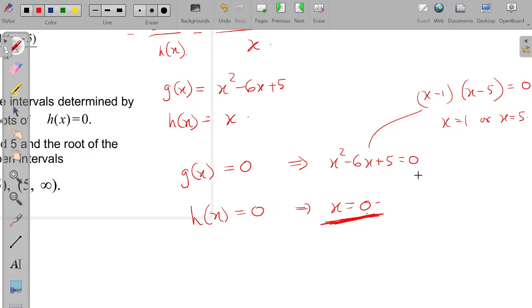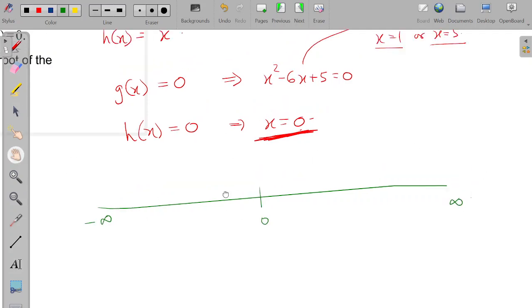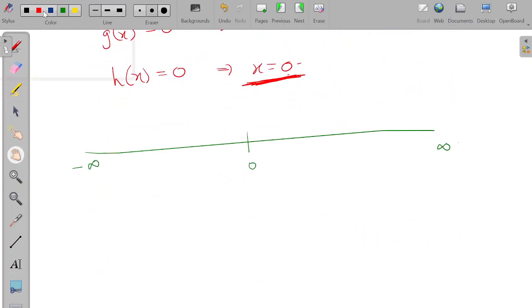So I have these points. If I divide the real line, negative infinity to positive infinity, with those points, I have a point called 0, a point called 1, and a point called 5.